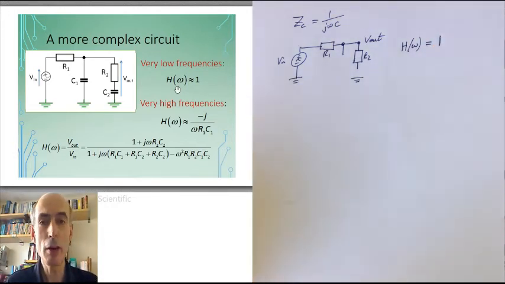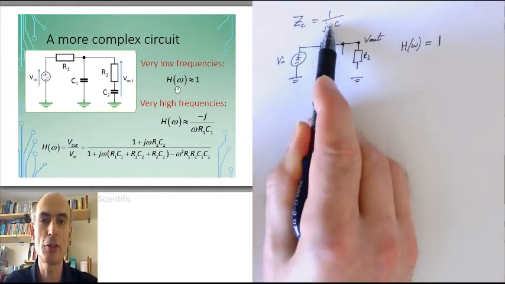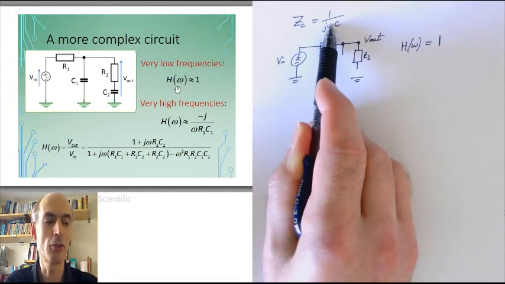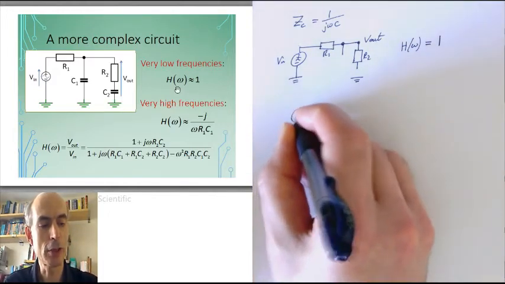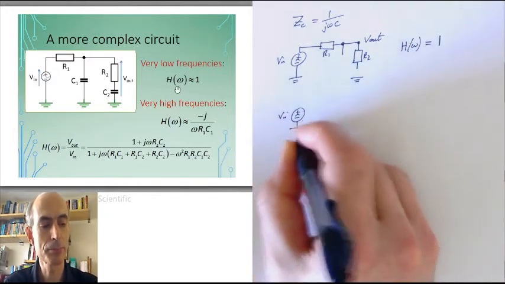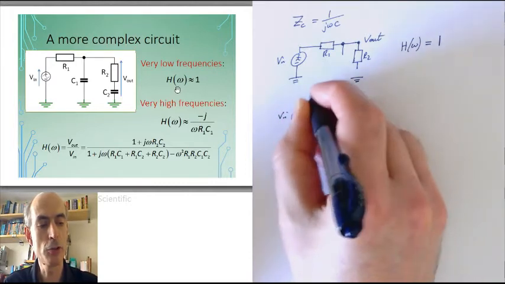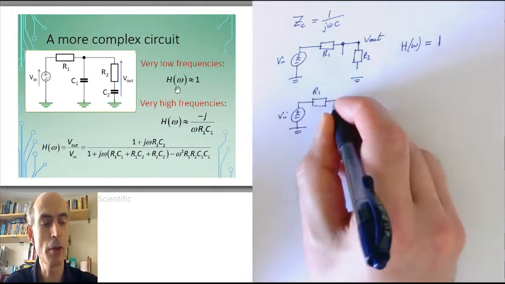Now, at very high frequencies, things are a little bit more complicated, because we can't often assume that omega is just infinity and then the capacitors have a complex impedance of 0. If we did that, we would end up with this circuit here. R1 still has the complex impedance of R1.